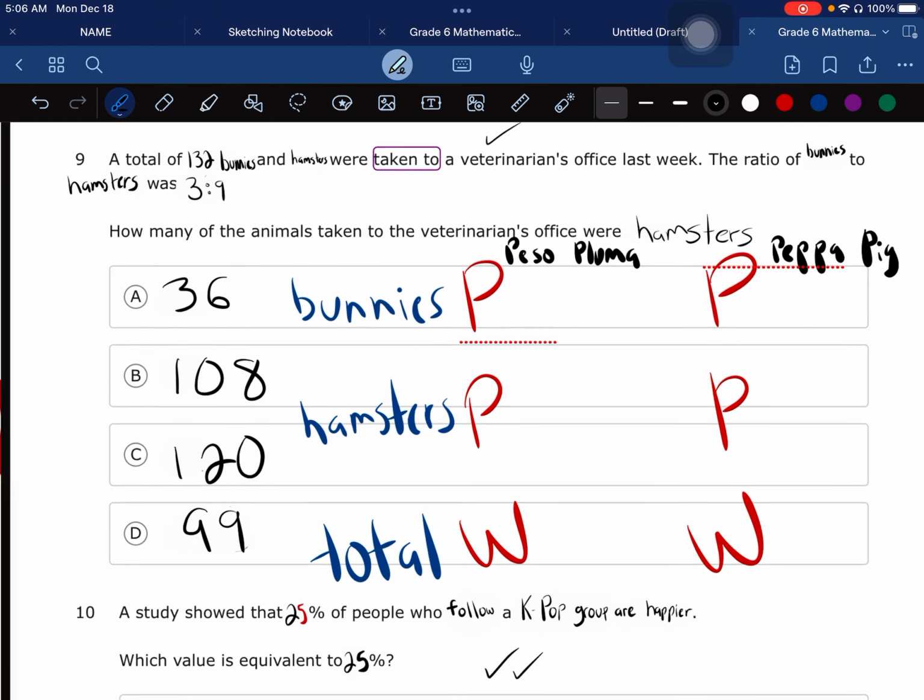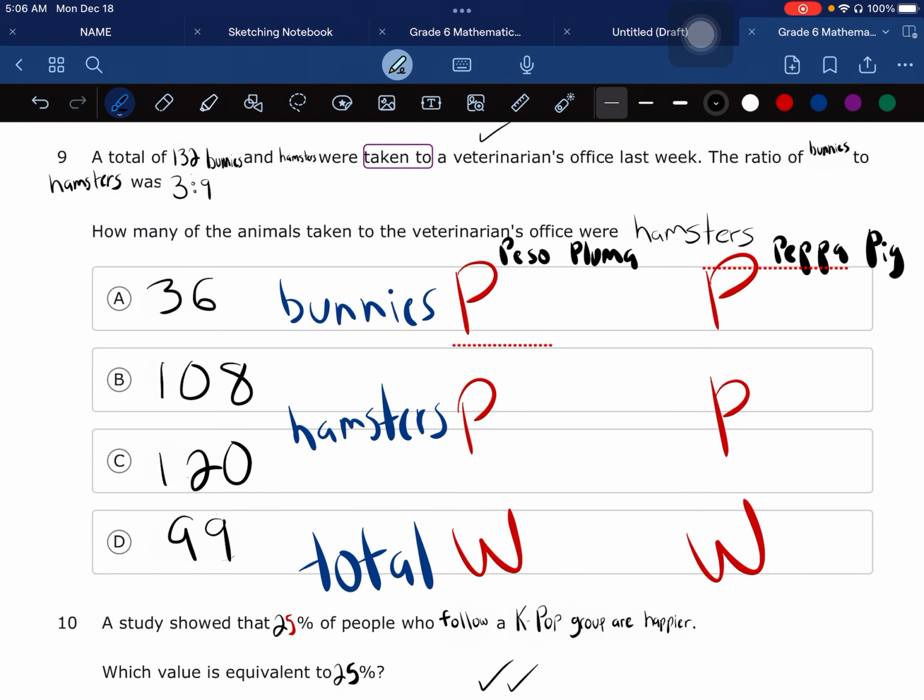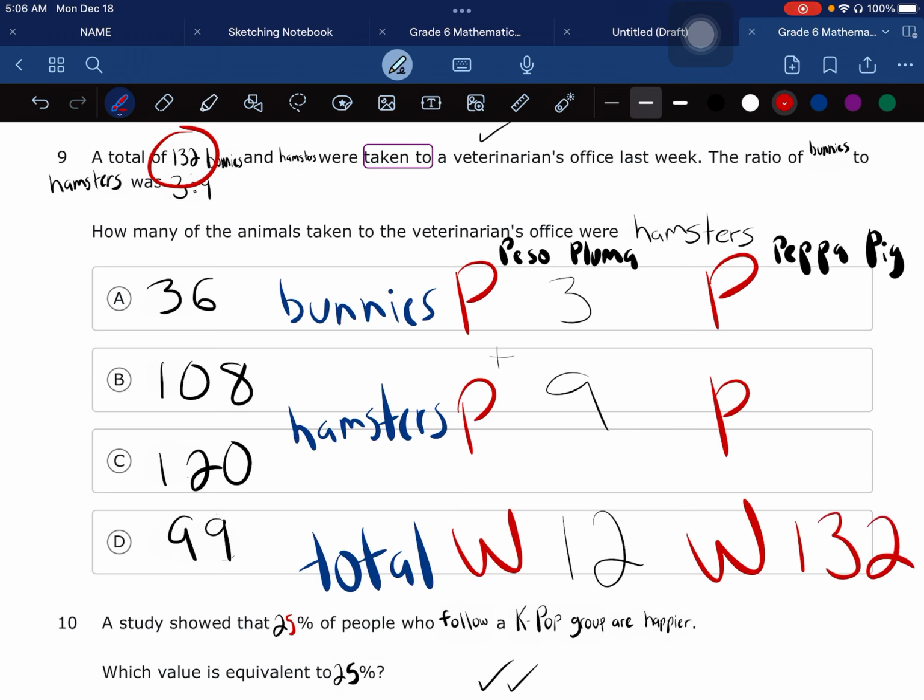So first, we're going to put the fraction that we have, chicos. We're going to have 3 and 9 aquí. Then we're going to do 3 plus 9, which is the total, 12. Now we already have the left side. Awesome. On the right side, they gave us the big total, which is 132.